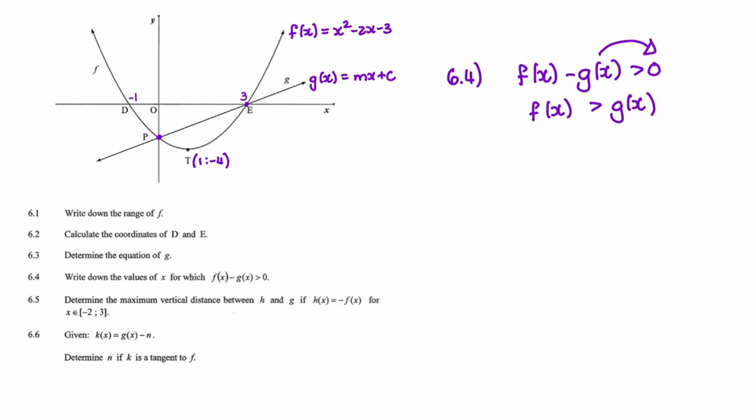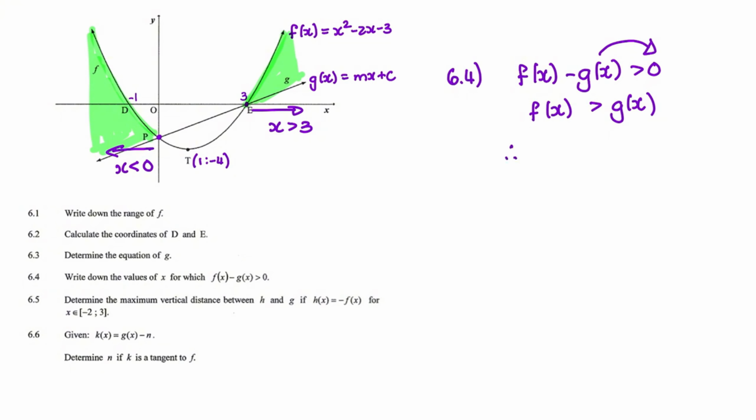And if I look at my function, I'm looking where f(x) is above g(x), and you can see it's to the left of point P. And also f(x) is above g(x) to the right of point E. So the x value to the right of E is x bigger than 3, and to the left of P is x smaller than 0.